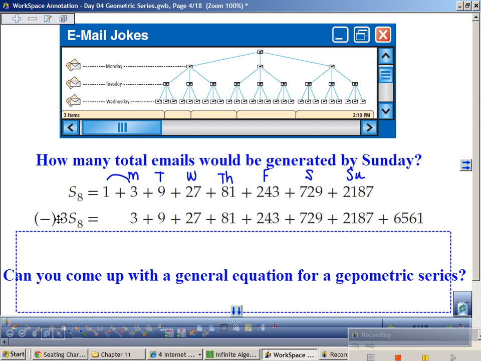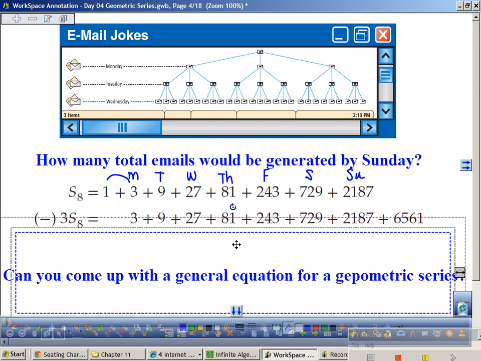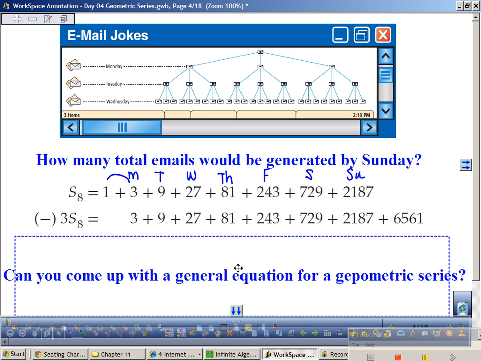So it's not just subtracting, it's multiplying by 3. You'll see in the formula. Okay, check this out. Are you guys ready? Because it's geometric. It's multiplying, not adding.